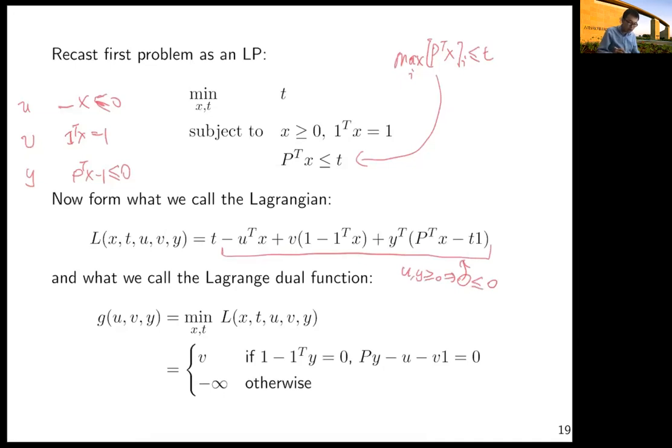So the trick again is to collect the coefficients of x.